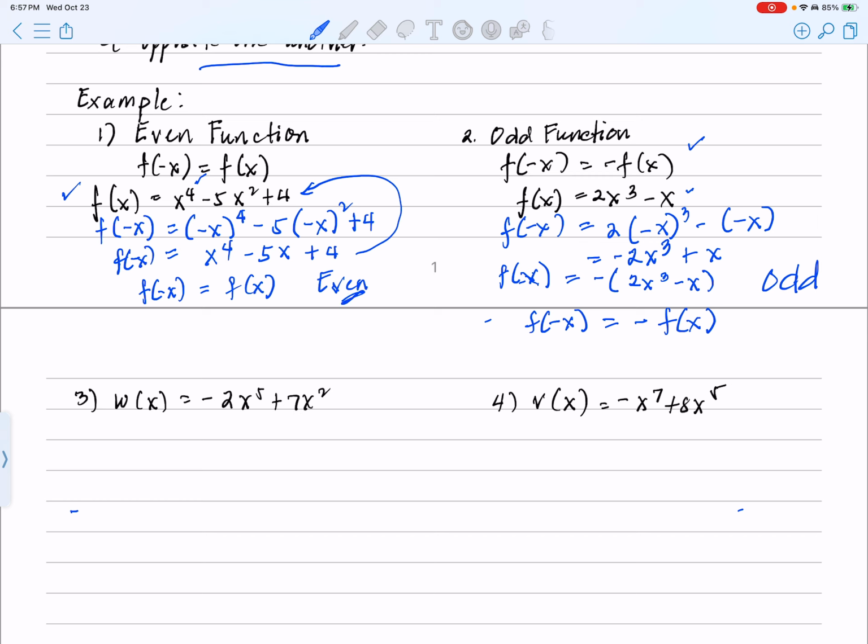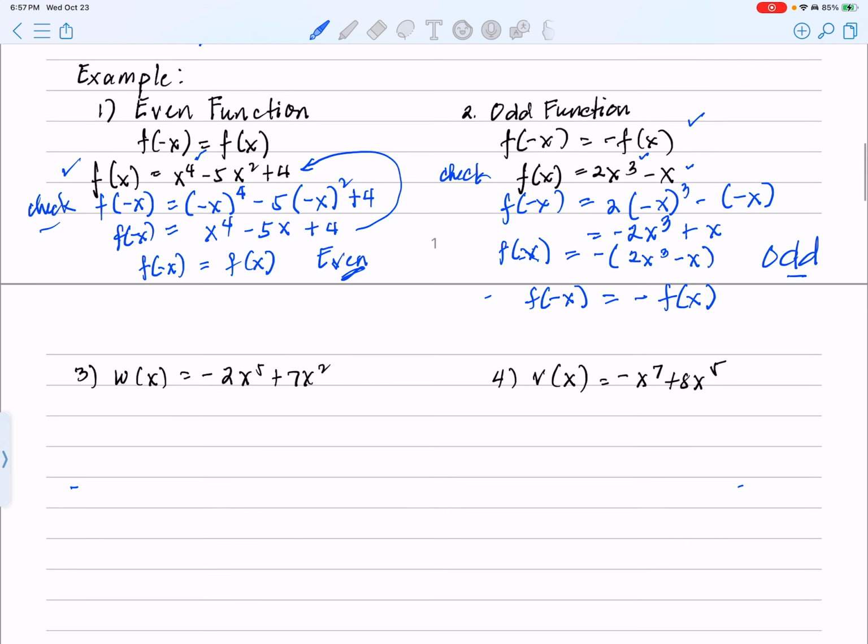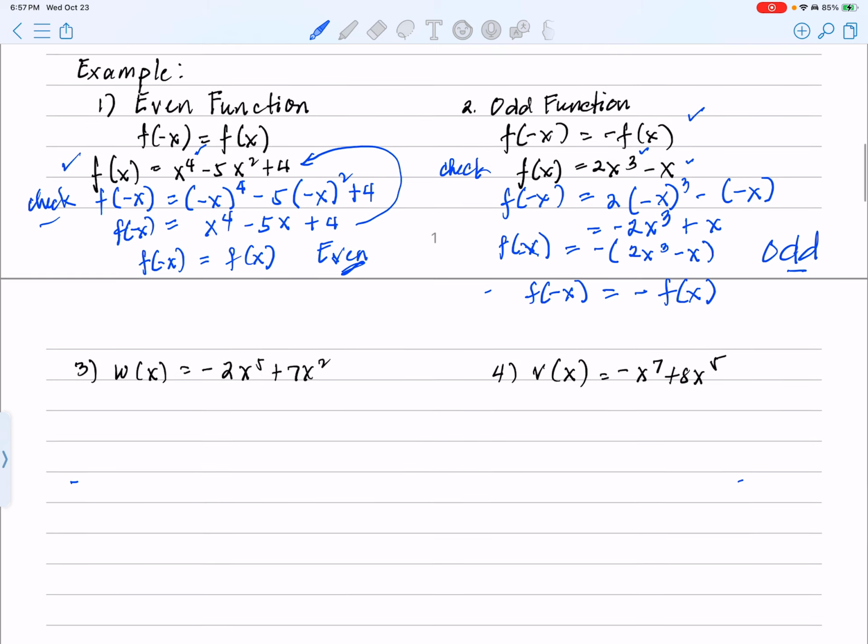Here the degree is 3, so you could tell right away, okay, this is odd. So what we're doing is checking if really this is odd by the rules, by the condition of what is an even function and what is an odd function.